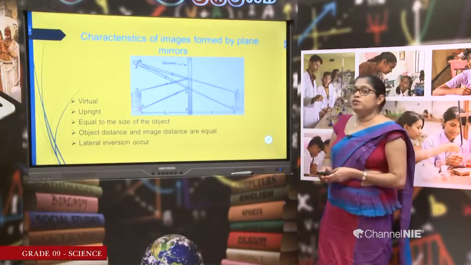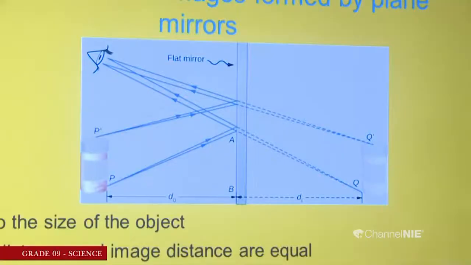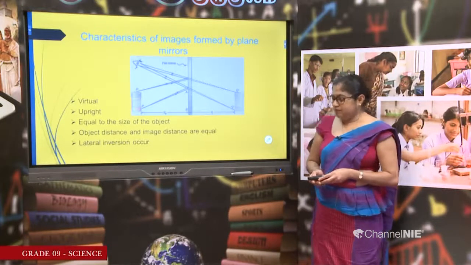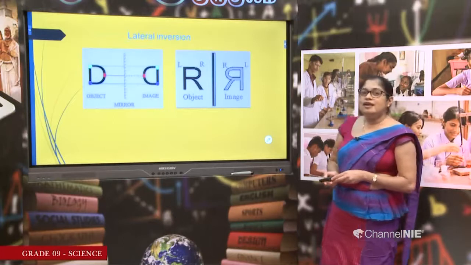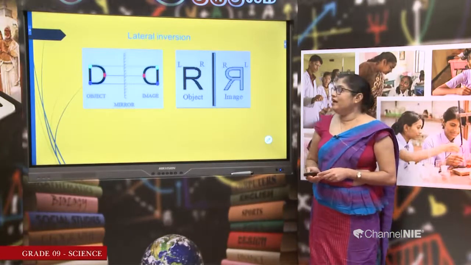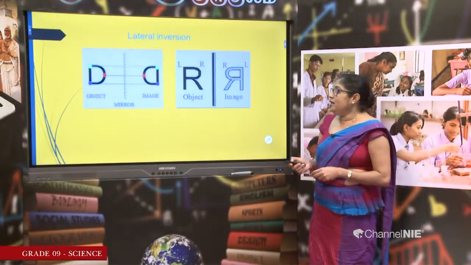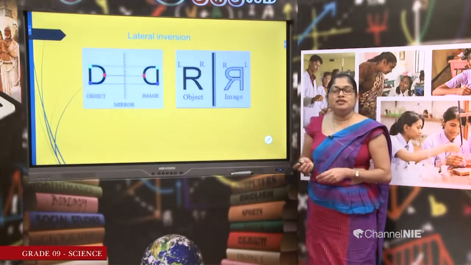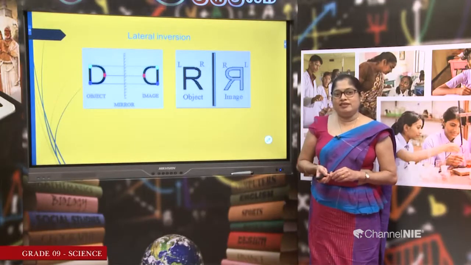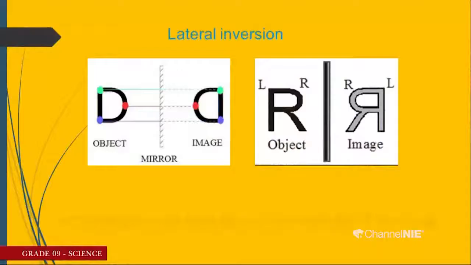When you see through the plane mirror, another characteristic of the image is lateral inversion. Let us see what lateral inversion is. Let me introduce two letters of the English alphabet to explain it.